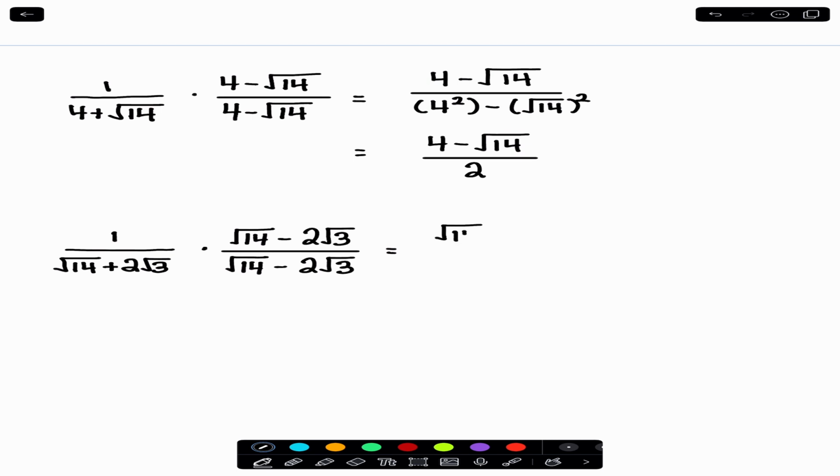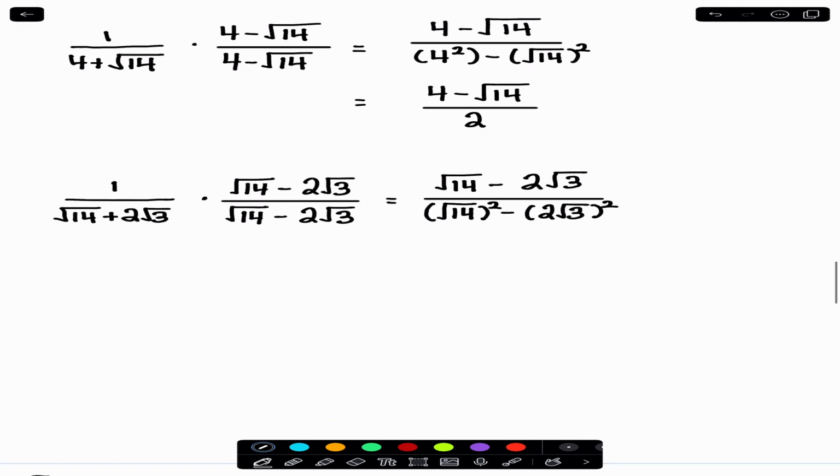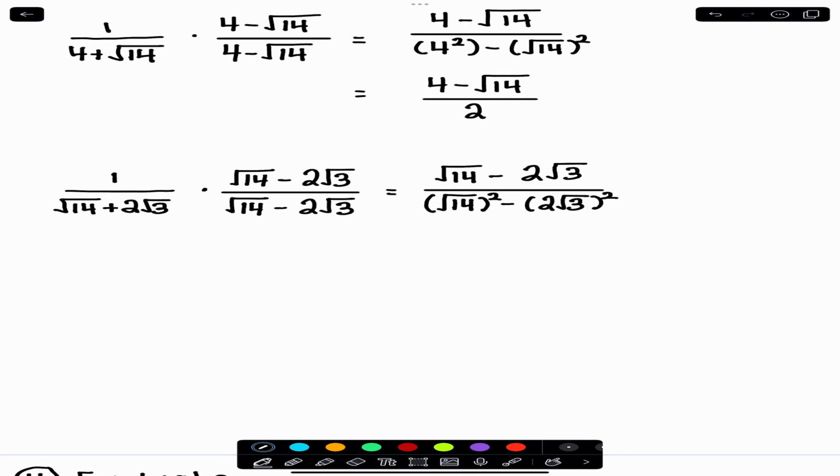Square root of 14 minus 2 root 3. It's the same logic. Square root of 14 squared minus 2 root 3 squared. Now, the square root of 14 squared is just 14, and 2 root 3 squared is 4 times 3, which is 12. 14 minus 12.